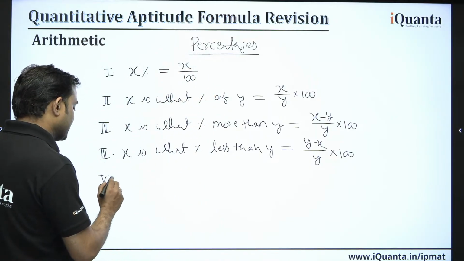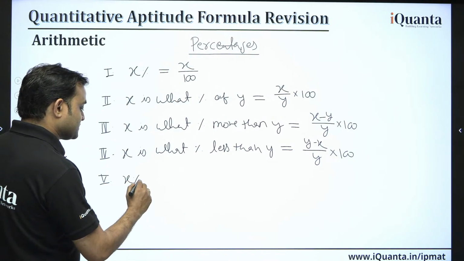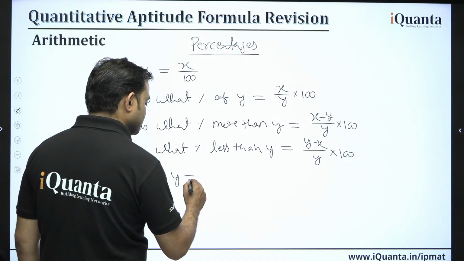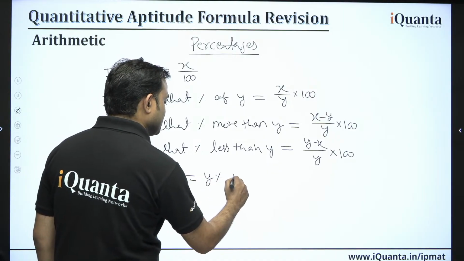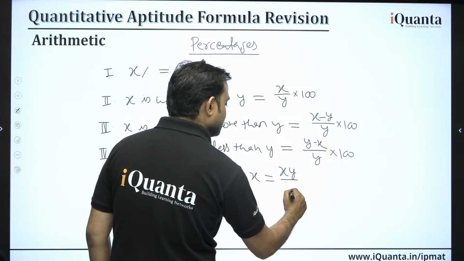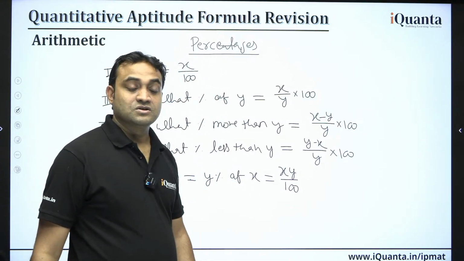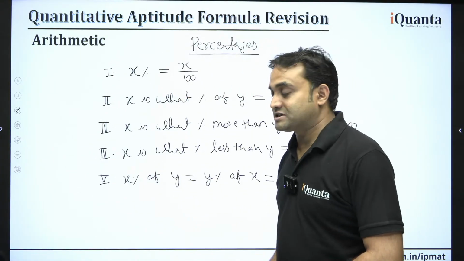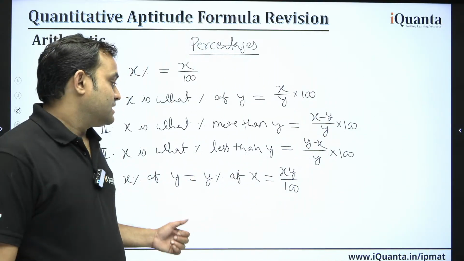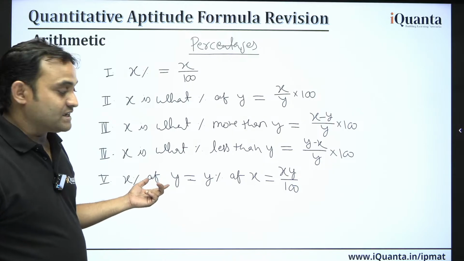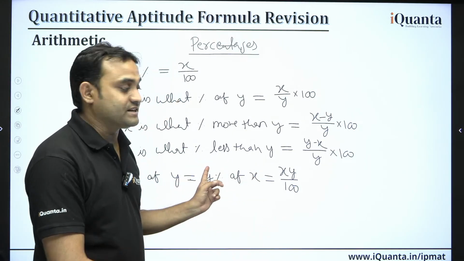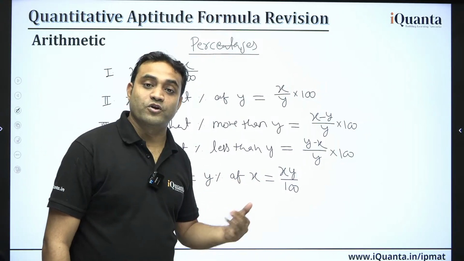Then the next thing is x percent of y will be the same as y percent of x, that is equal to xy upon 100. If you ever need to find percentage values, you can use this, where x percent of y is also equal to y percent of x. So you can interchange the values for your comfort.